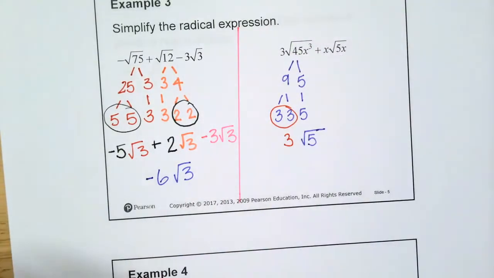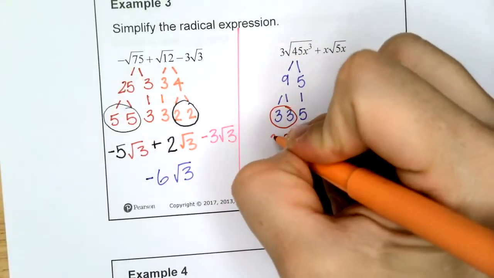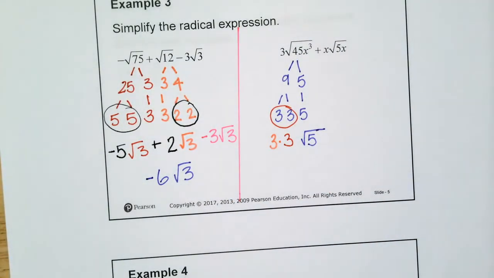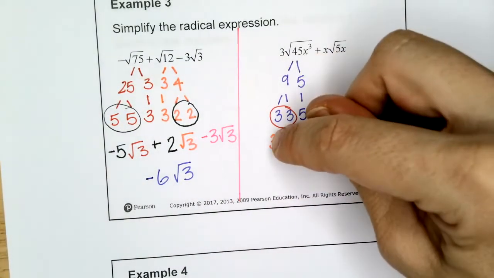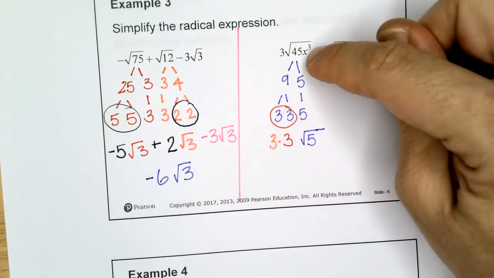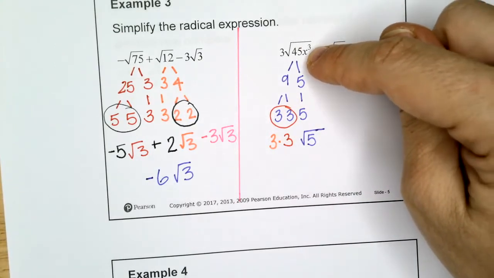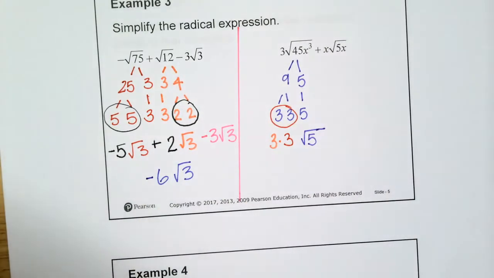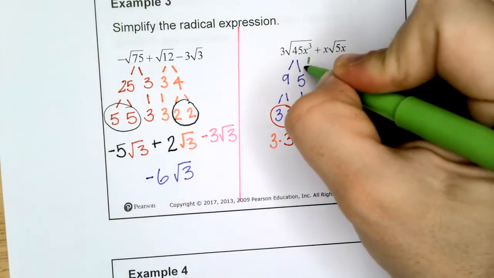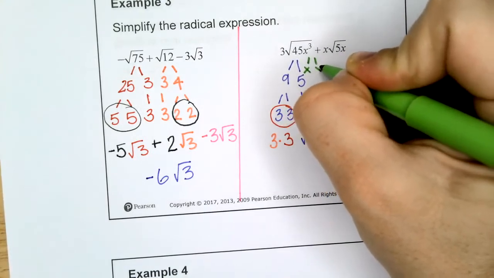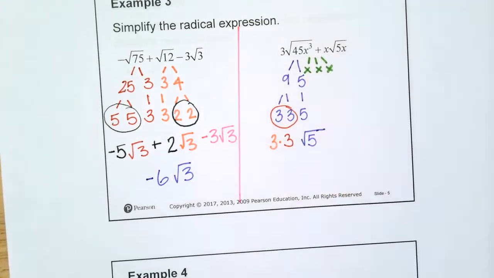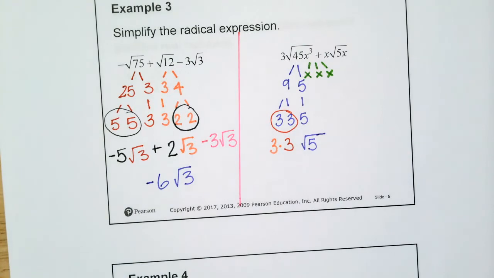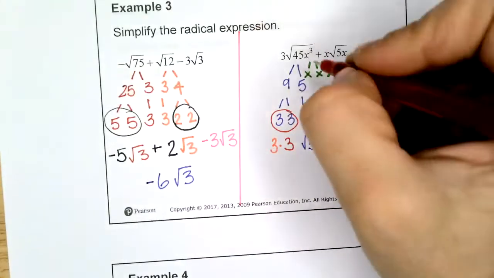And then I have this 3 to begin with. So now it's 3 times 3, right? That's that 3. This is this 3. Now x to the third. X to the third gives me x, x, x. Okay? I can pull out a pair of x's.